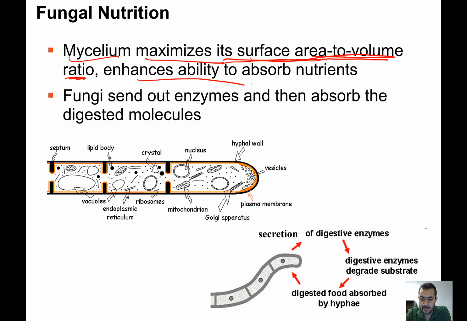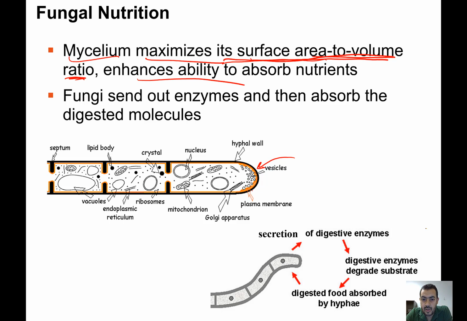It is highlighted here in this part of the figure. So here is the hyphae, the vegetative hyphae, which is extended in the medium to get the nutrients. This hyphae will secrete digestive enzymes, and it is shown here in this part of the figure. At the tip of the hyphae we have vesicles.